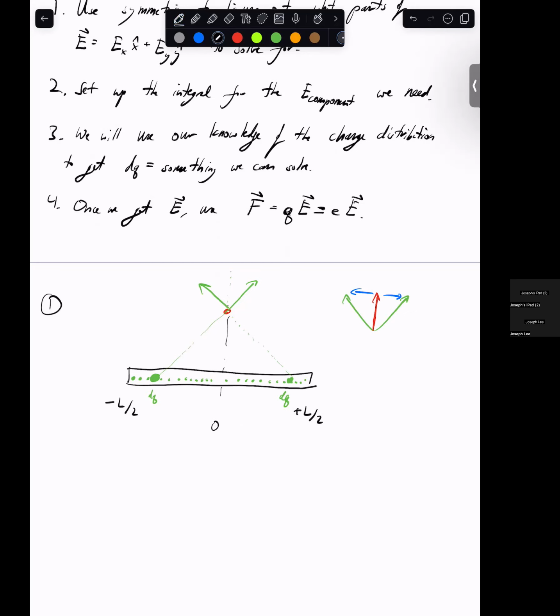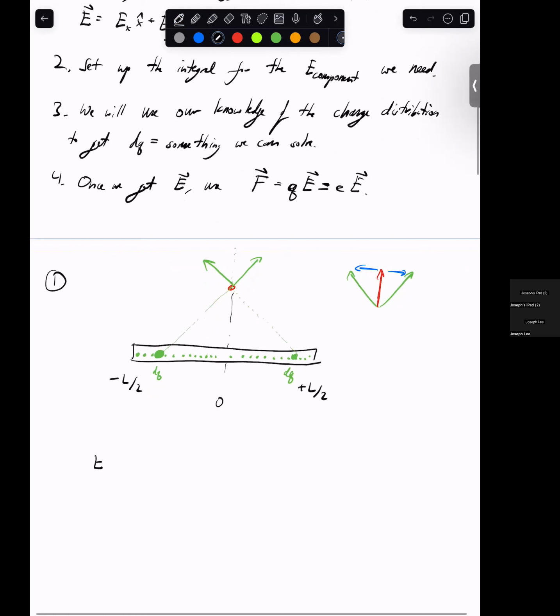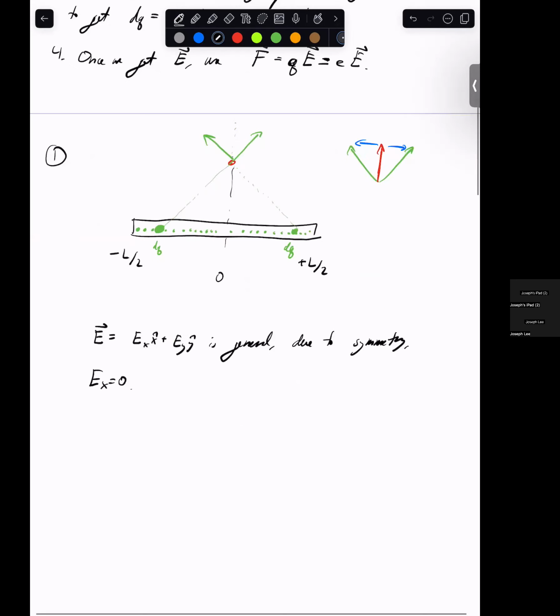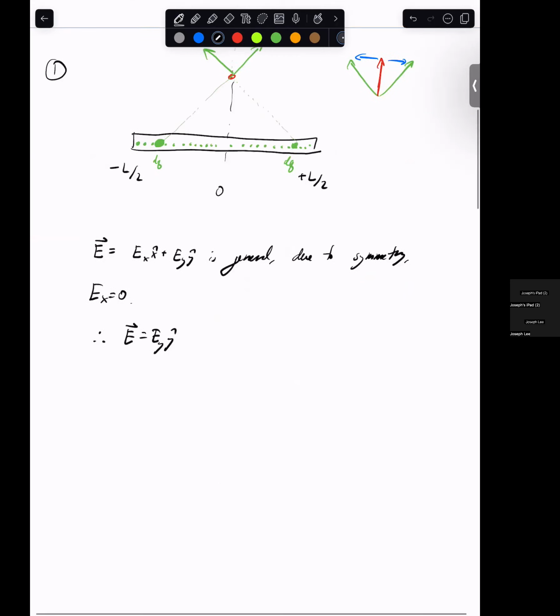So by using this argument, the claim we're going to make is that although this is the general form for our electric field, due to symmetry, Ex is equal to 0. Therefore, we need only solve for the y component. So that's our first step.